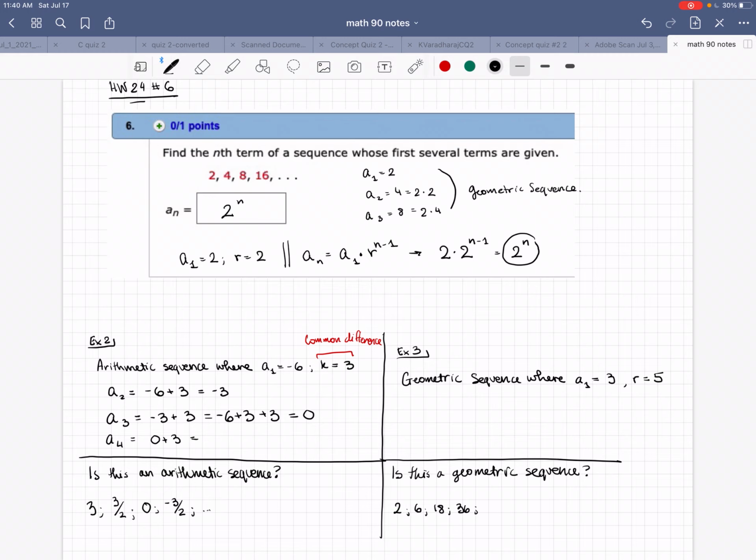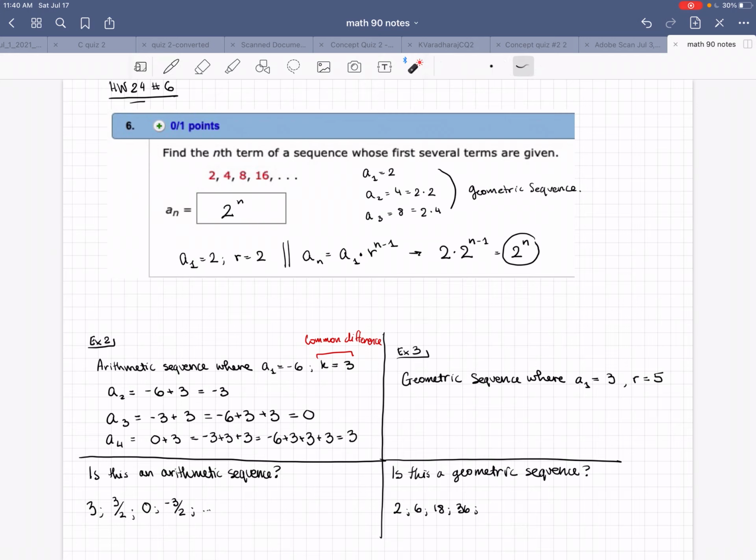But that's the same thing as -3 plus 3 plus 3, which is the same thing as -6 plus 3, which is -3, plus another 3, which gets us 0, plus another 3, which gets us to 3.